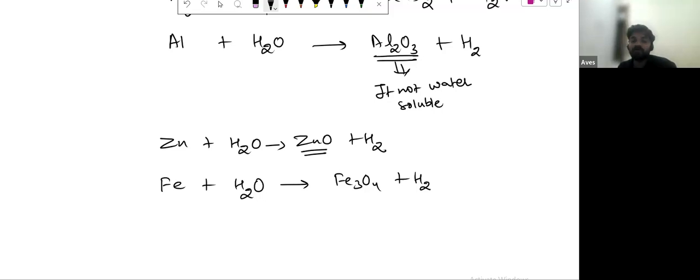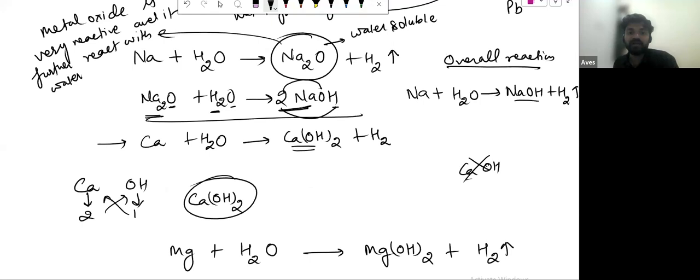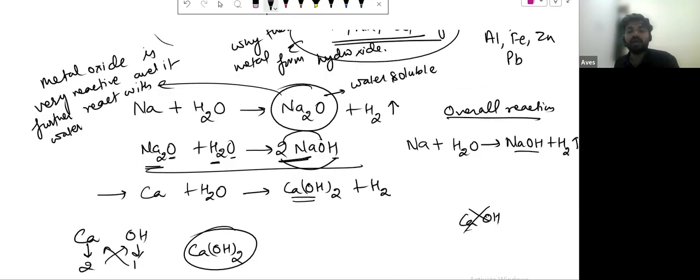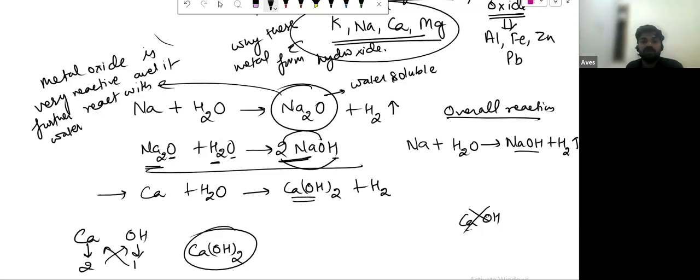Note it down very importantly: sodium and potassium react with water at all temperatures, whether it is ice, chilled water, hot water, or cold water, everything.